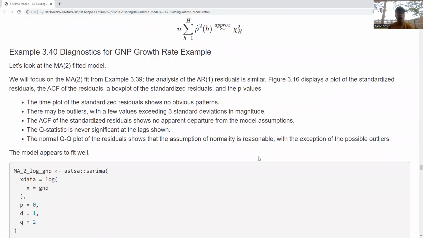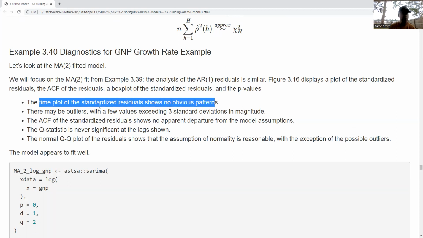All right, so let's look at the diagnostics of the GNP growth rate example. So we fitted a moving average 2 model, and we notice that the AR1 model looks similar. The time series plot of the standardized residuals shows no obvious pattern.